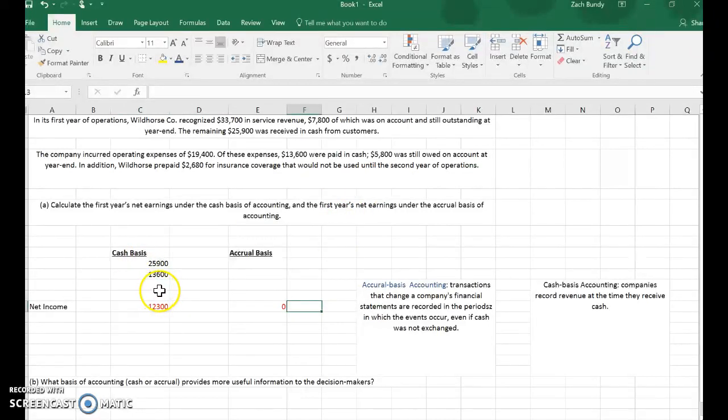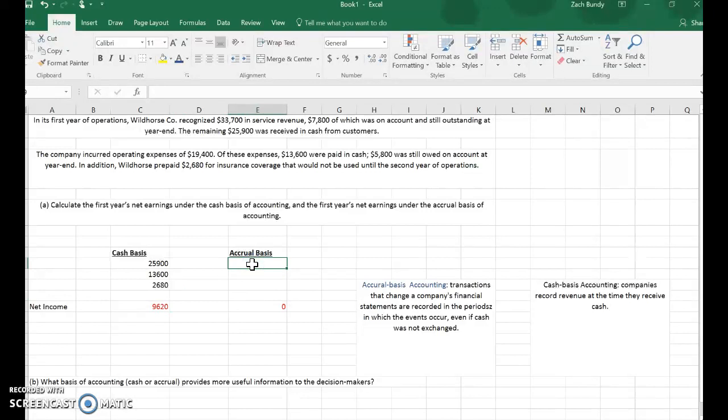Following this, we know that Wild Horse prepaid, I didn't say cash, but we know that they paid for it, so we can assume it was in cash, $2,680 for insurance they have not used yet. That brings their net income total to $9,620 for last year.